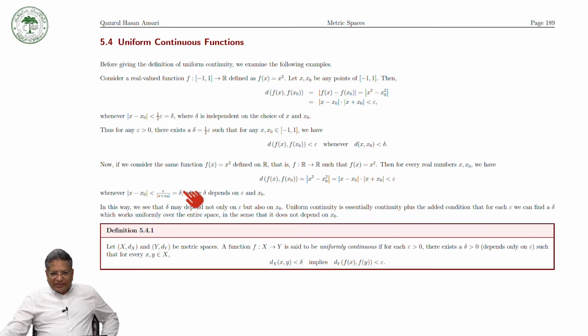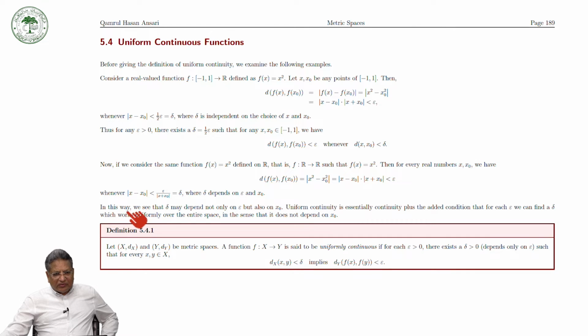So if this delta works uniformly for every element x naught, it means that if delta is independent of x naught, then we say that the function is uniformly continuous. That is to say, delta depends only on epsilon, not on the point x naught.